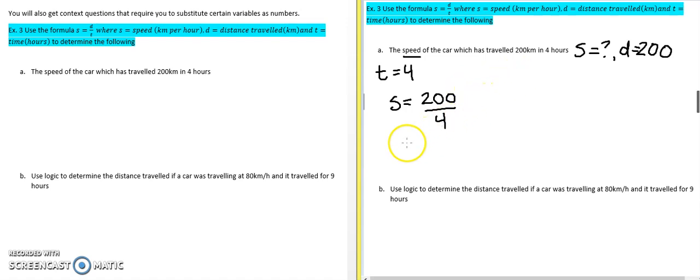So in this case, our speed is equal to 50. Now, 50 what? Well, the speed is measured in kilometers per hour, so our speed is 50 kilometers per hour. And that makes sense. A car travels 200 kilometers within 4 hours, so the average speed it's going is 50 kilometers per hour.